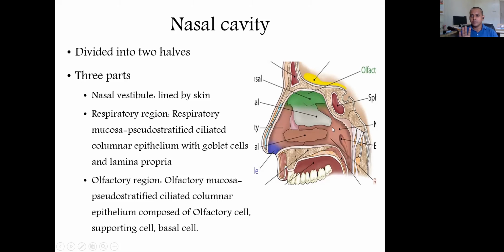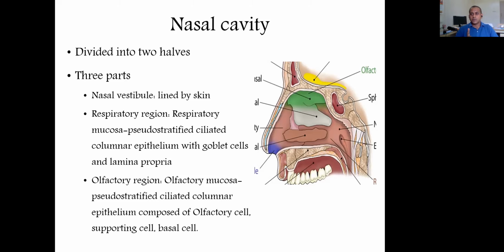Basically, let me tell you, the lining of the entire nasal cavity, the entire respiratory tract, is by respiratory mucosa, and the lining epithelium of this mucosa is pseudostratified ciliated columnar epithelium with goblet cells. Please understand this always.